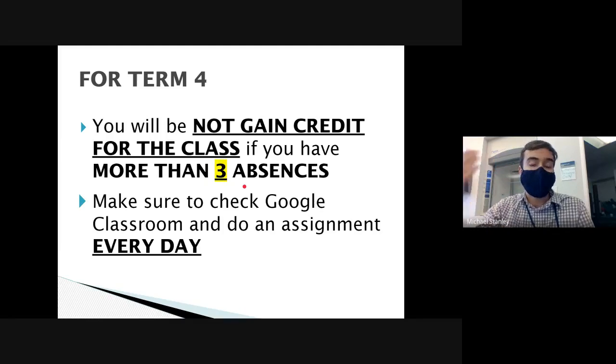If you do, then you may not be able to earn credit for this class. You might fall under that 80% rule. And even though you went through physics for 4 weeks and did all the assignments, you still won't get the credit.